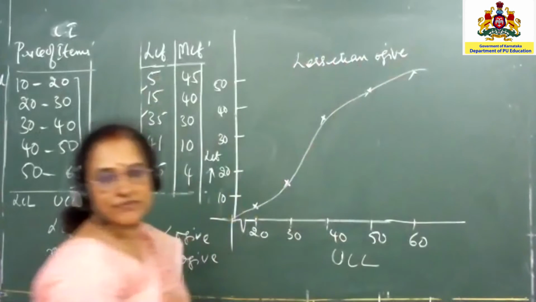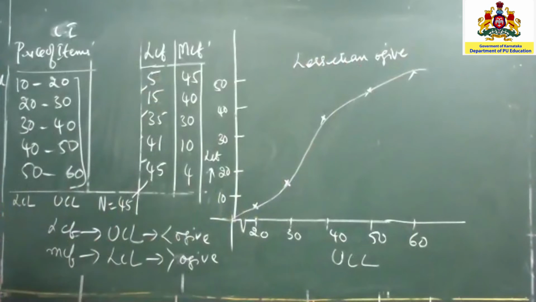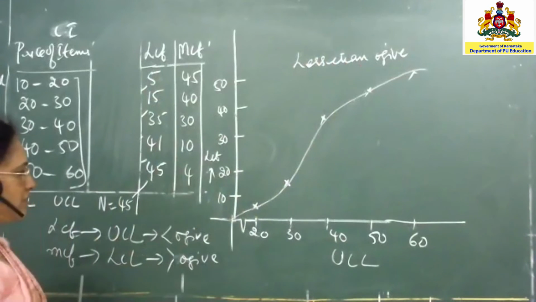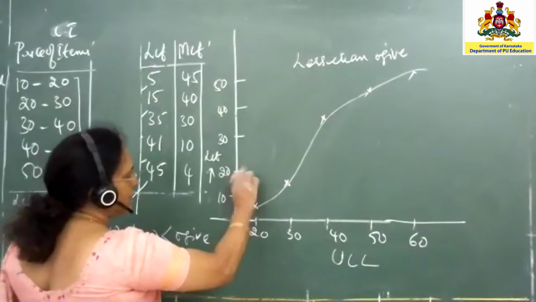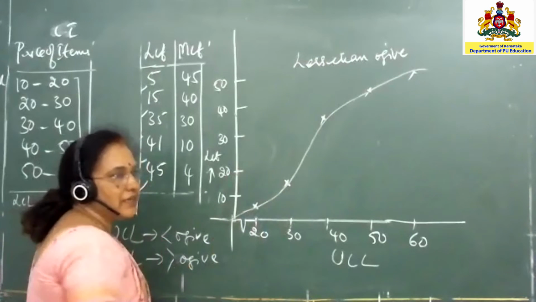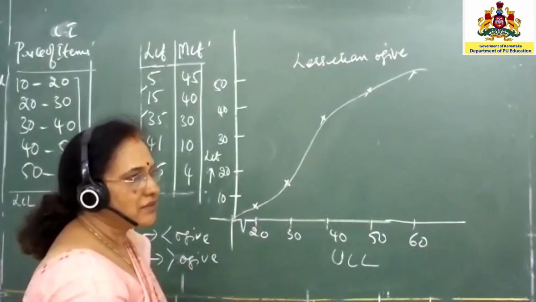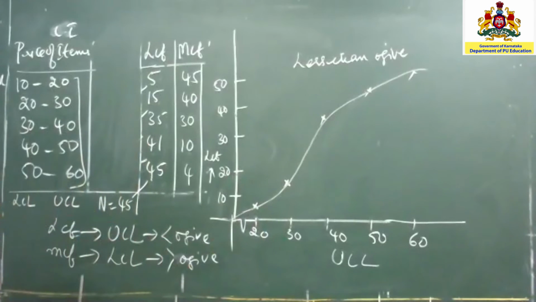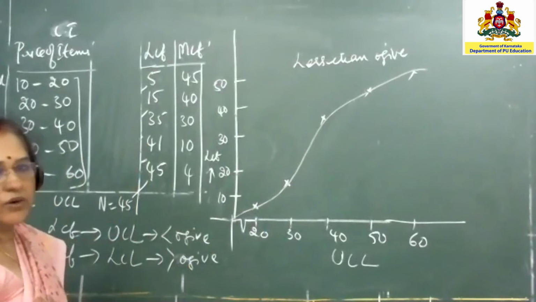Less than Ogive. So obviously the scale you will have to write. So x-axis and y-axis both it is same. So you can take 1 centimeter equal to 10 units. Okay. Now the last one we have, more than Ogive.